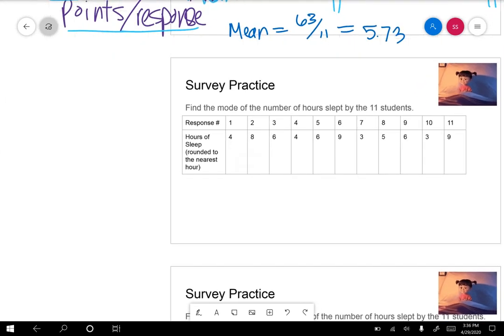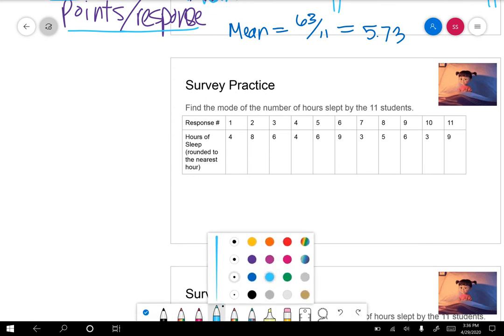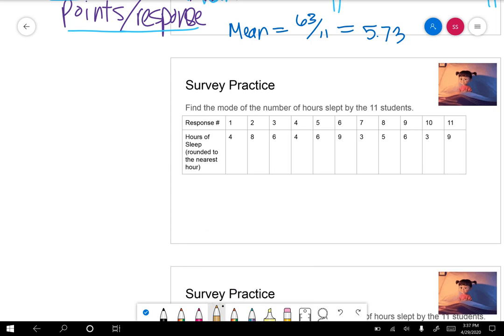Next, we have the mode. Oh, I'm having so much fun. Ooh, gold. How did I not see that before? Mode. This is more of a tan than a gold, but we'll pretend it's gold.